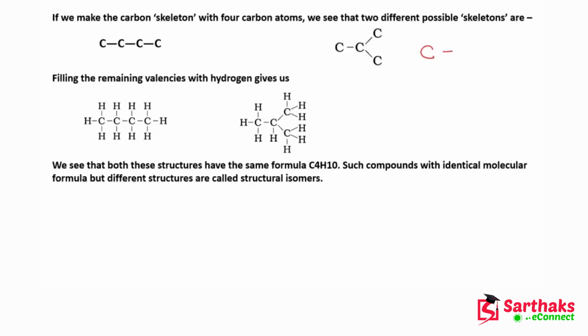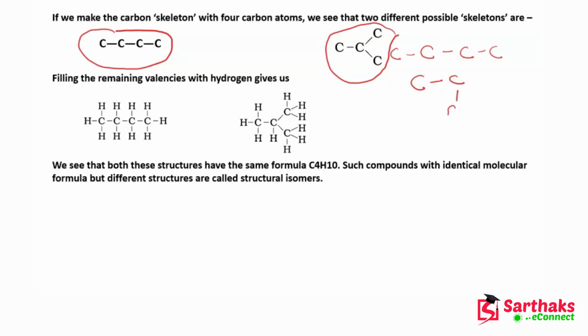If I want to make a chain of 4 carbon atoms, there are 2 possibilities. First one is this and the second one is this. Here I connected this carbon here. So basically this is a branch structure and this is a chain structure.